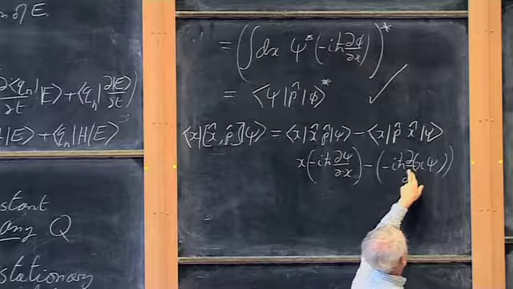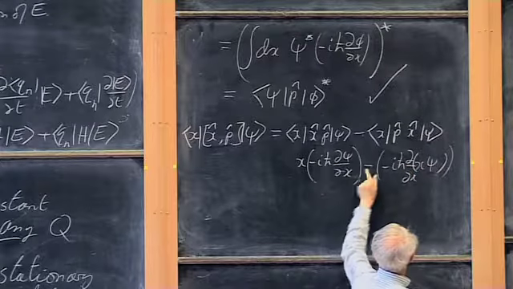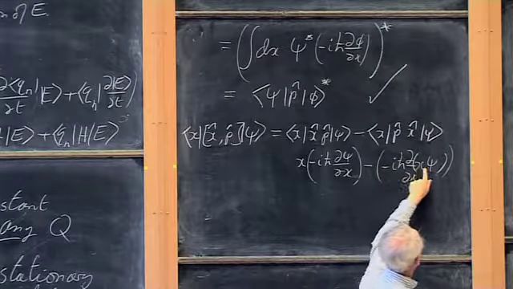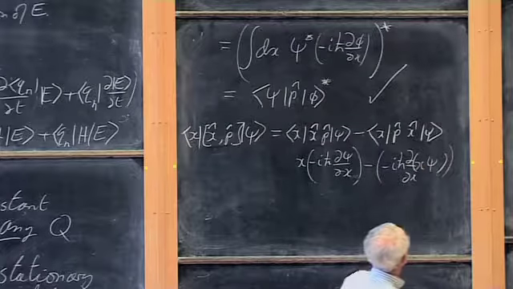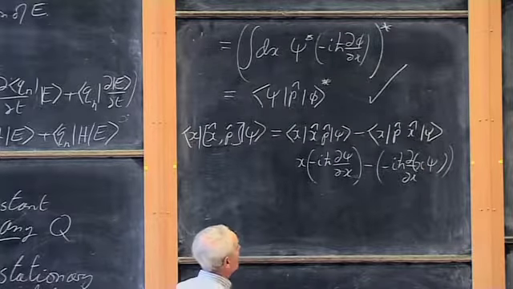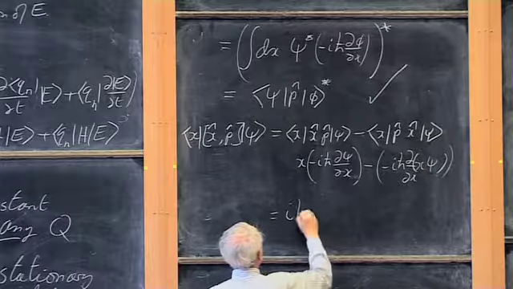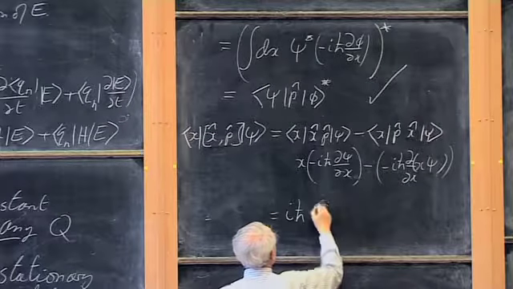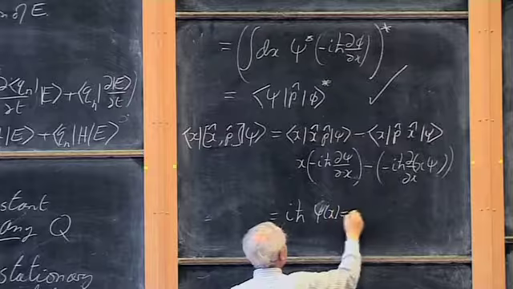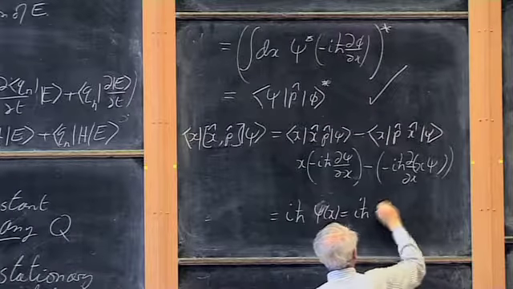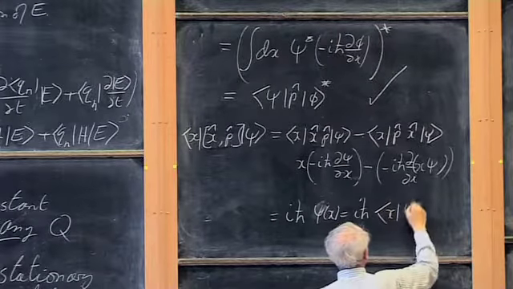You'll get x d psi by dx, which will cancel on this because of the two minus signs. And you will also get psi times the derivative of x with respect to x, which is obviously 1. So we're going to get i h bar of psi, which can also be written as i h bar times psi.